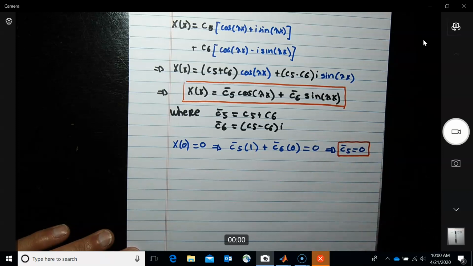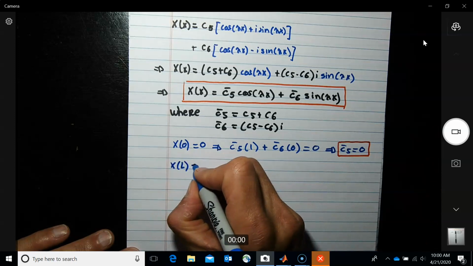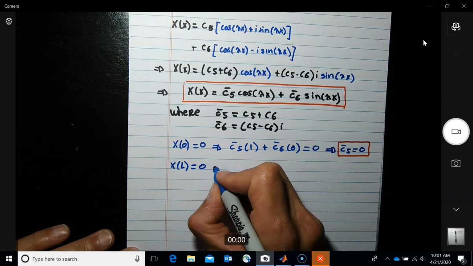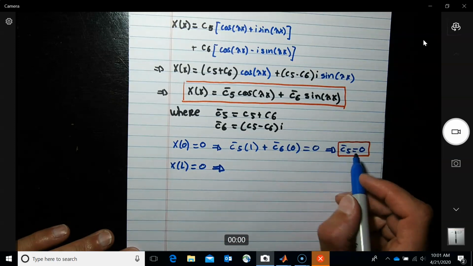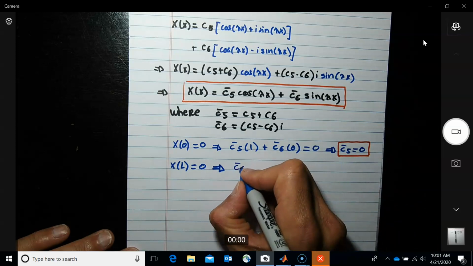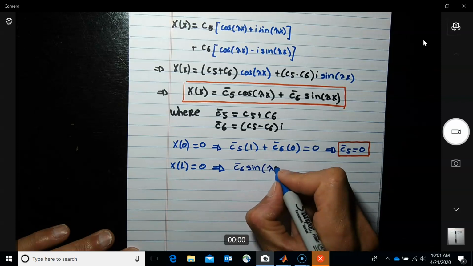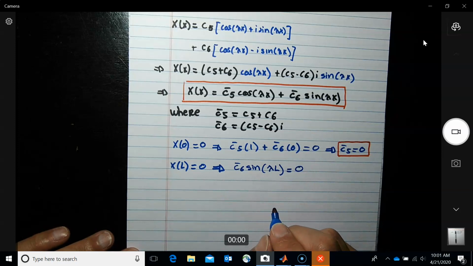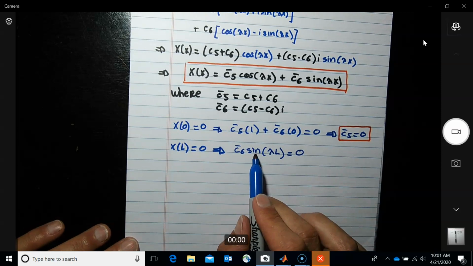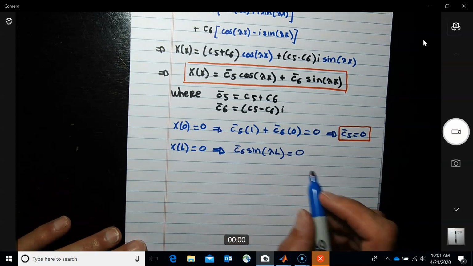Here we go. And the second boundary condition is X at L equal to 0. We know C5 is already 0, so this gives us C6 sine of lambda L must be equal to 0. This is satisfied if C6 is equal to 0, but that is a trivial solution, so it's of no interest.